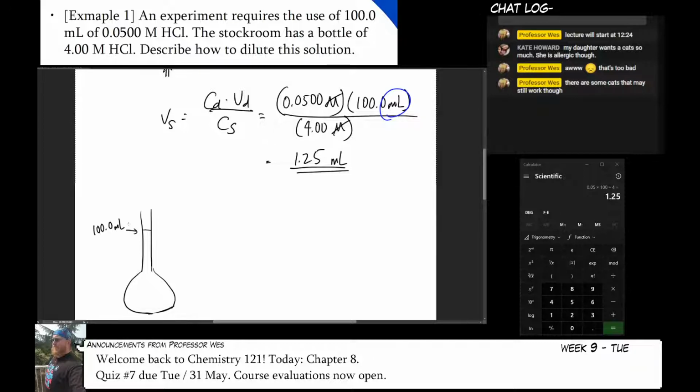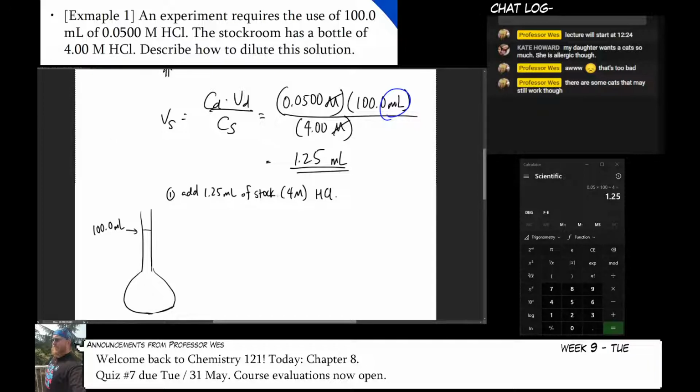So what I'm going to do is I'm going to add 1.25 milliliters of the concentrated solution, or the stock. Well, I should write as stock, actually.